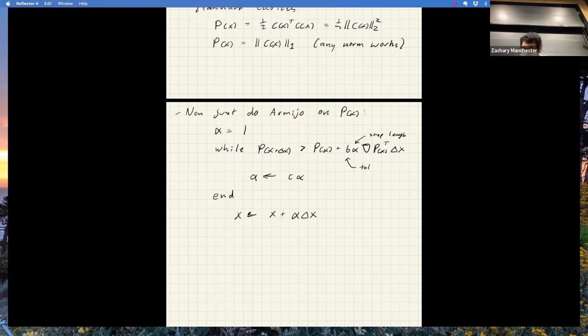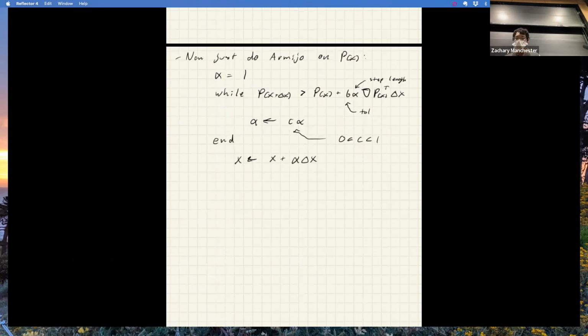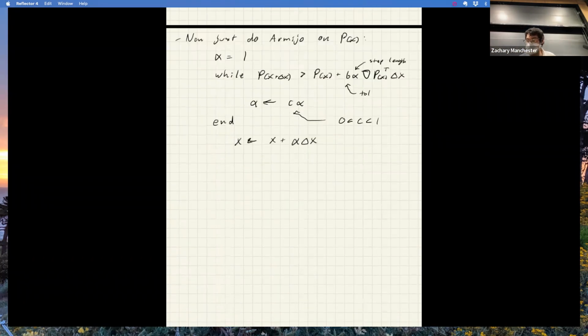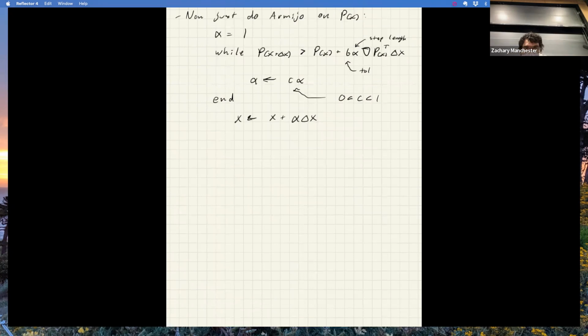And C is some factor less than 1, right? Cool. That's the same as last time. Armijo, now we just do it on this merit function instead of the objective function. So it should be kind of obvious.